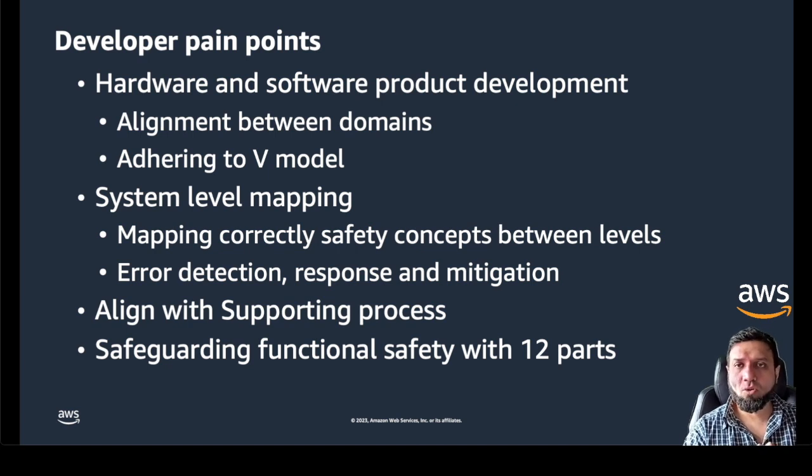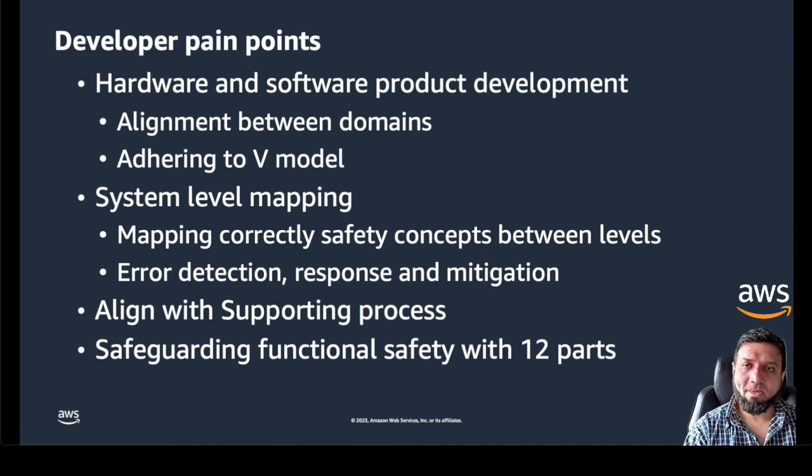You need to make sure some of the pain points they align to is adhering to the V model. This is the process we talked about earlier, the 12 parts of ISO 26262. In terms of supporting process, the guideline process will make sure that you're adhering to the V model.